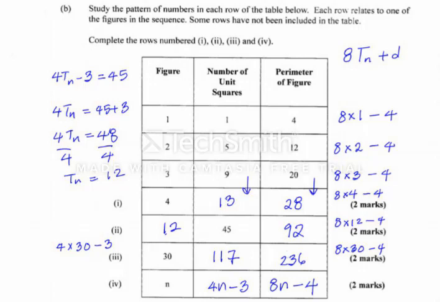It's going up by 8 every single time. All right, and d is an unknown. Most times, if you just look at the first term, you'll know exactly what to put for d. So in the first term here, it's going to be 8 times 1. Remember, Tn is 1 in the first line. So it's 8 times 1 minus 4. That gives you 4. So d must be minus 4. All right, so that's something to remember. I'm quite sure it can come in very handy.